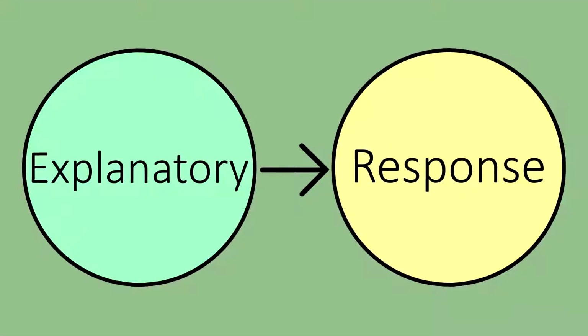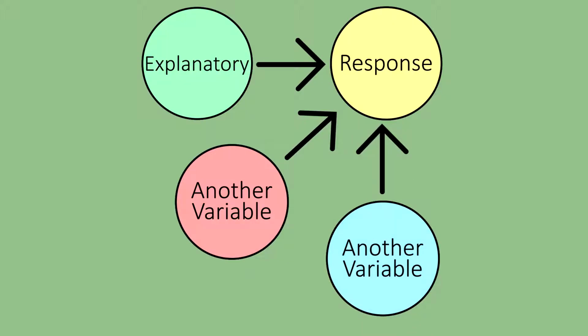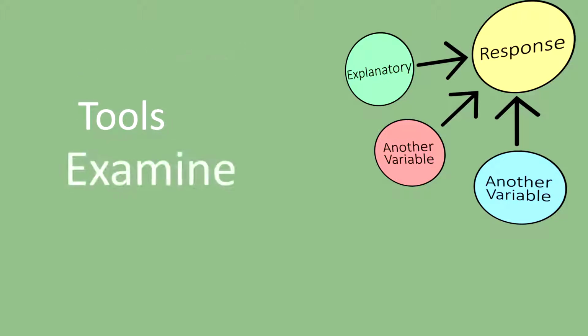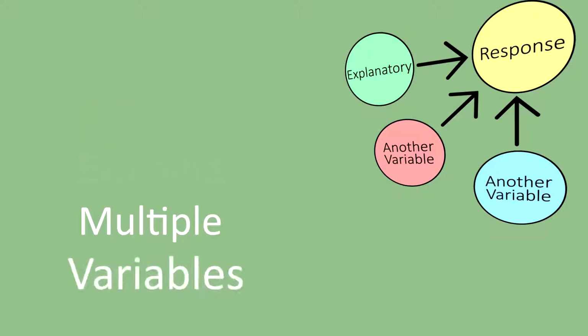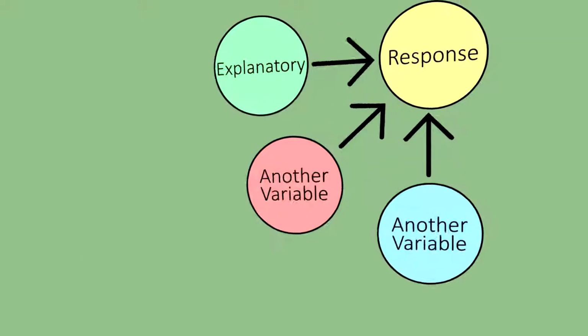Because adding potential confounding variables to our statistical model can help us to gain a deeper understanding of the relationship between variables, or lead us to rethink an association, it's important to learn about statistical tools that will allow us to examine multiple variables simultaneously. That is, look at more than two or three variables at the same time.